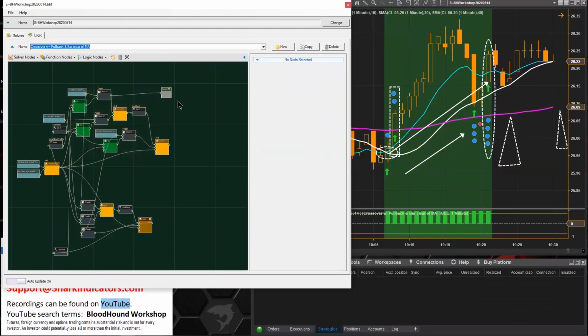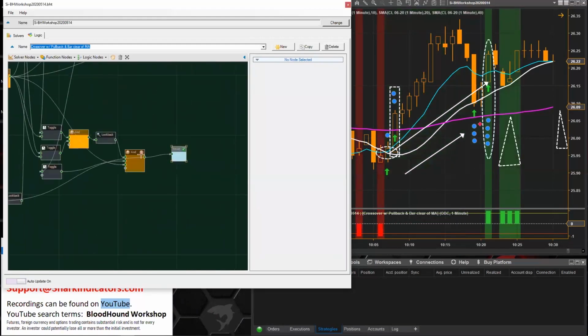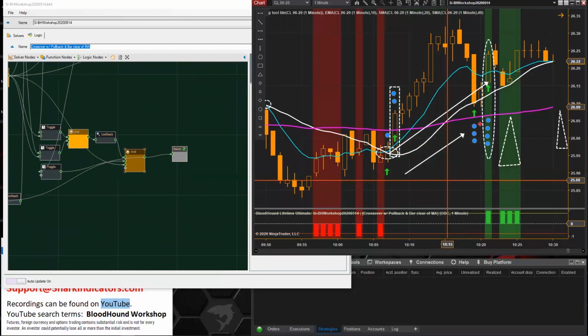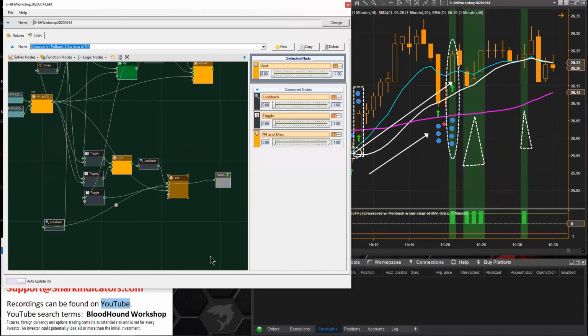So this produces a signal here. If we look at this AND node, we are getting a signal on the signal bar, but we're also getting some false positive signals here as well. We're getting some dirty signals, but that's okay, because remember, this logic is just being used as a reset.